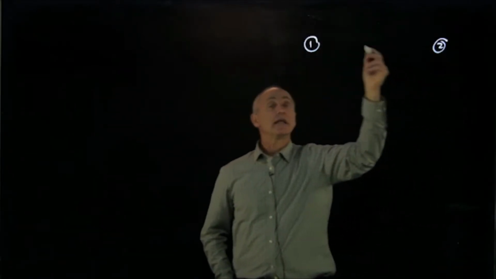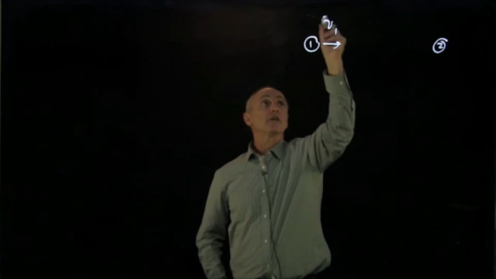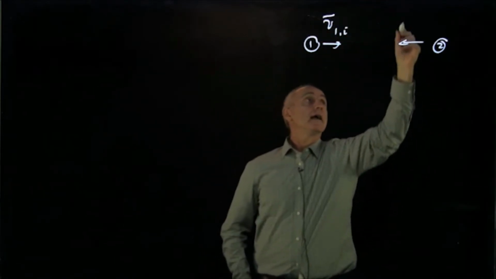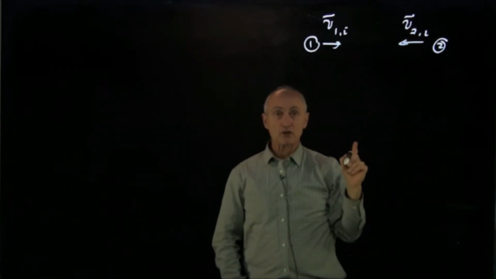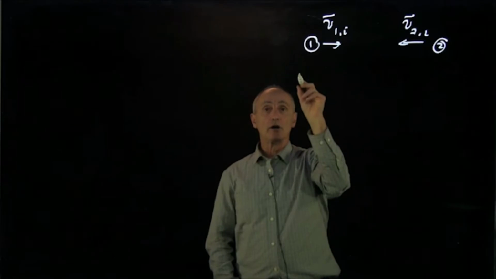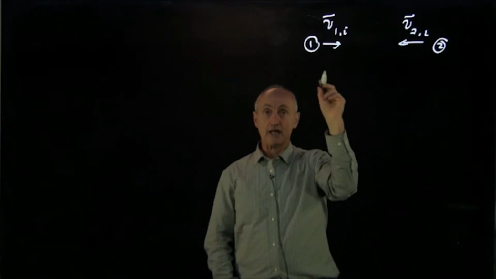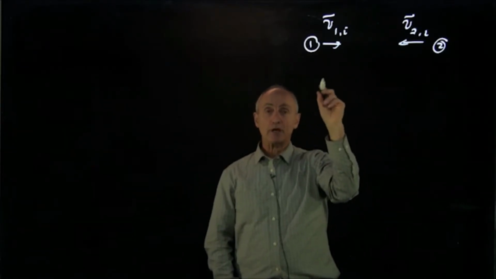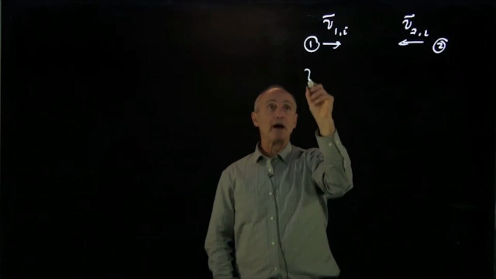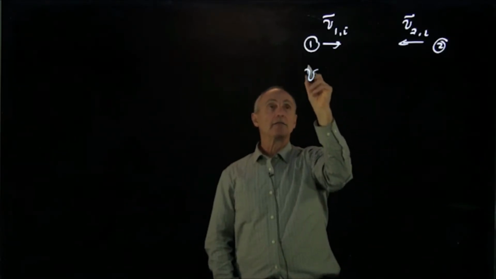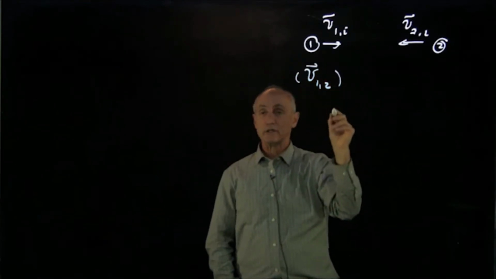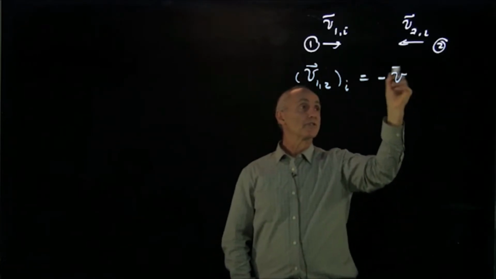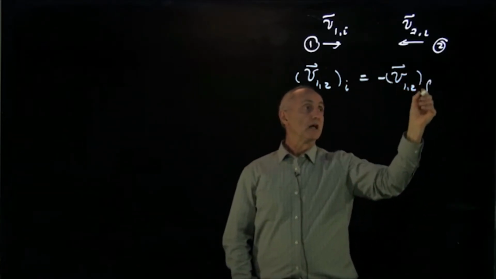When we analyzed a one-dimensional elastic collision in any frame, and we had a velocity v1 initial and v2 initial, we always have the energy condition and the momentum condition, but when we combine the energy and momentum together, we found the following idea, that the relative velocity v12 initial was just equal to minus the final relative velocity.